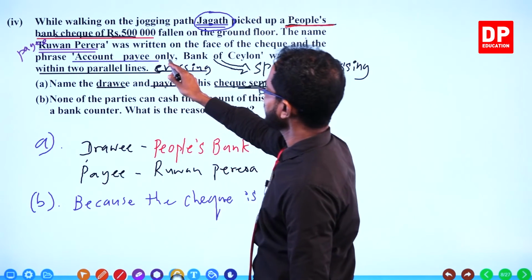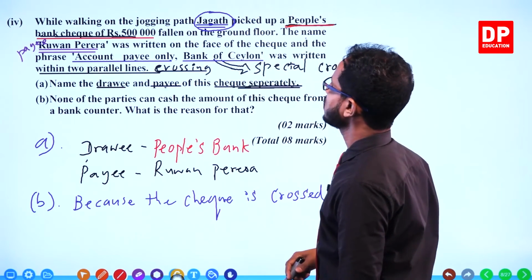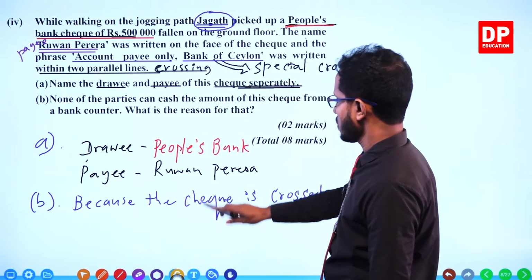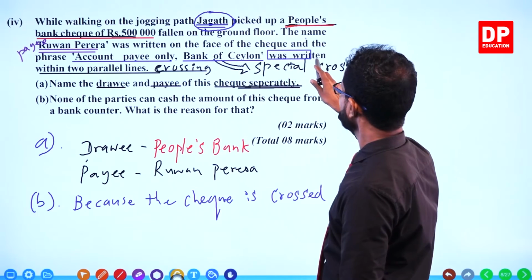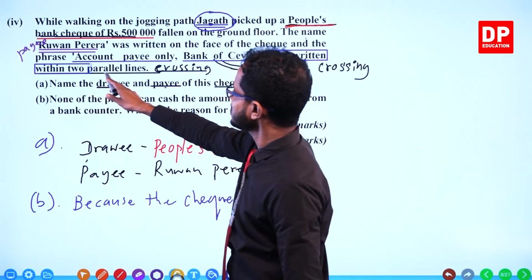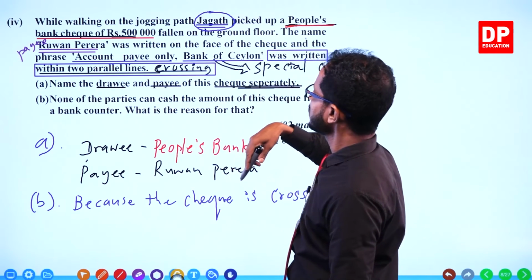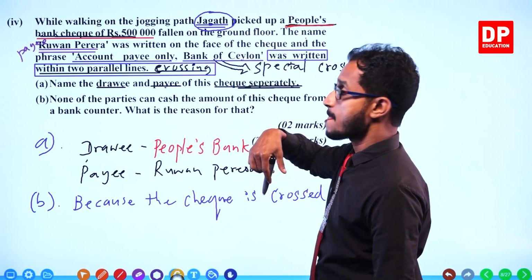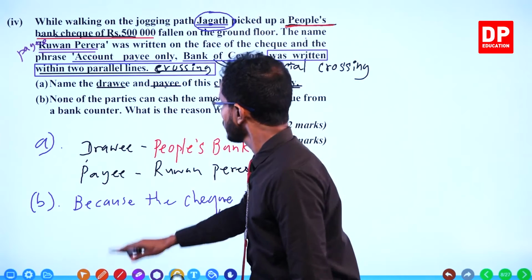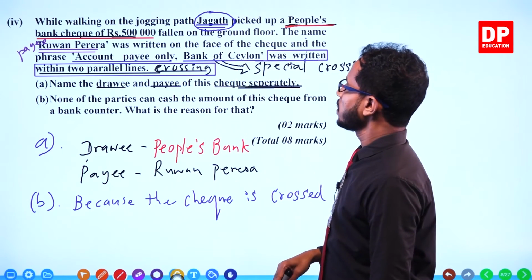Account payee only, this is a crossing, as well as this Bank of Ceylon, which was written within two parallel lines. That is the crossing, okay?